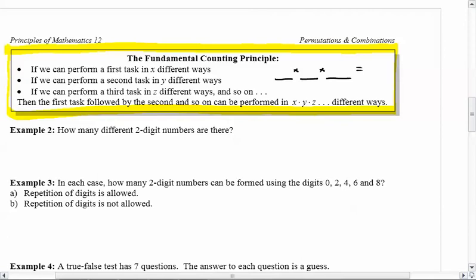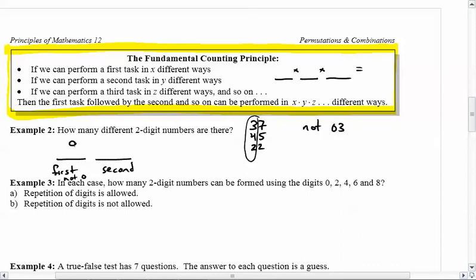So we can use this to find out how many 2-digit numbers there are. So a 2-digit number, for example, is a number like 37. 3 is the first digit, 7 is the second digit. Or 45, or 22, but not 03. That would be a 1-digit number. So we could draw 2 lines, one that represents the first digit and one that represents the second digit. So the first digit of our number can be anything from 1 to 9, but not 0.